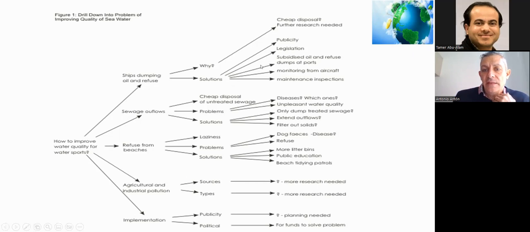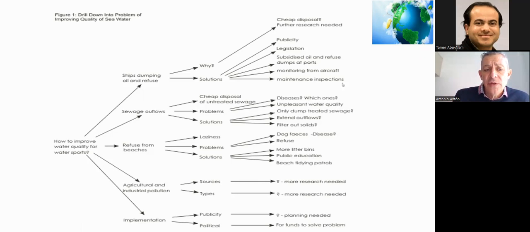Maybe legislation, you need to monitor or change legislation, publicity, or monitoring the aircraft, or perhaps inspections. So we face a problem that is cheap disposal, and these are the solutions. Using this technique, we might show you solutions. In this chart, you have why, and using the conceptual map, different solutions.